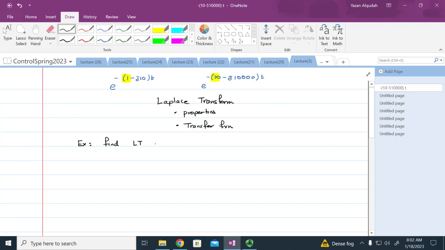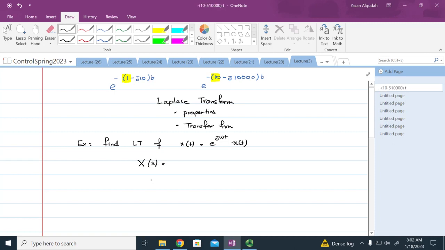Now, practically, how many times are we going to use the definition of the Laplace transform to calculate it in this class? None. Hopefully none.